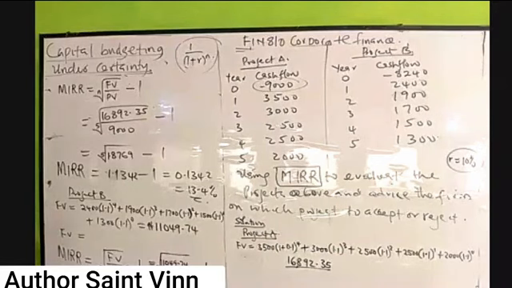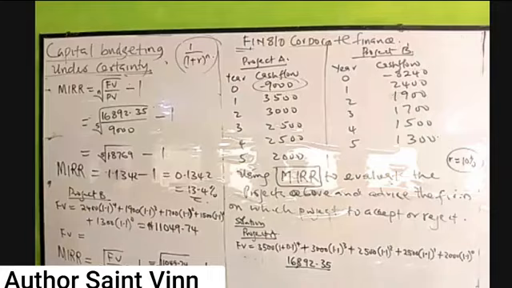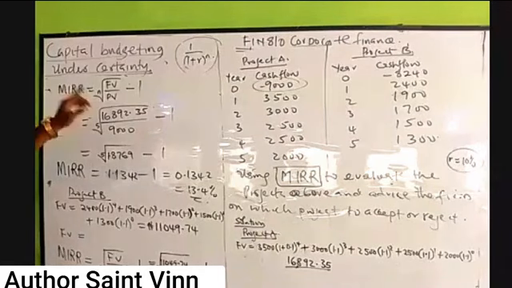Yes, I can hear you, go ahead. Please, I'm trying to understand why you multiply 2,400 by 1.1 raised to power 4. I thought 2,400 was year one, the first year. We are looking for future value; we are not discounting, we are compounding.